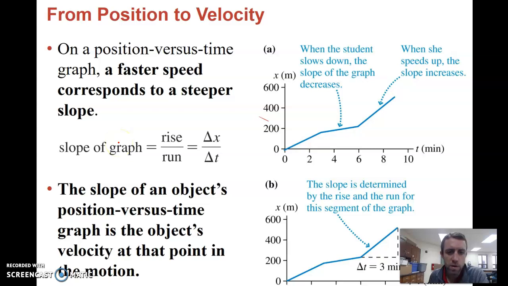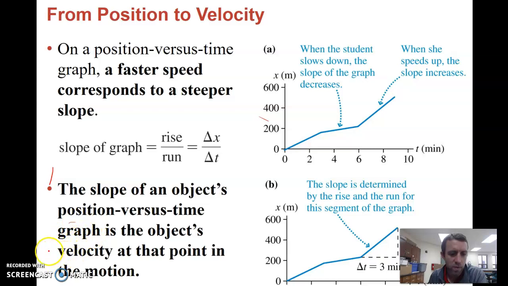In this case, position versus time graph, it is a change in displacement, or change in position, you could say, divided by the change in time. All right, and that slope, when we find it, the value of that slope is equal to velocity.